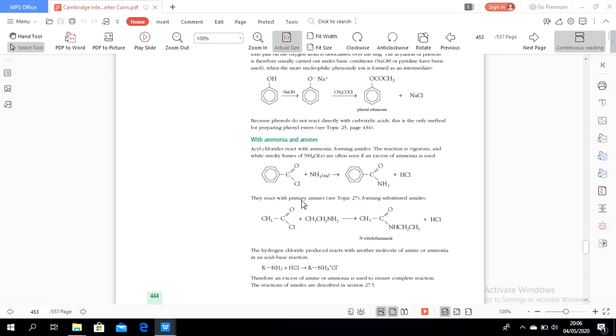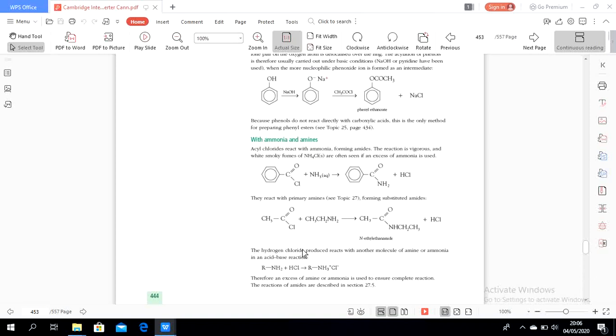And then they react with primary amines, forming substituted amides. So there are primary, secondary, and tertiary amines. Later we discuss more in the nitrogen compounds. What we have to know is that it forms a substituted amide.